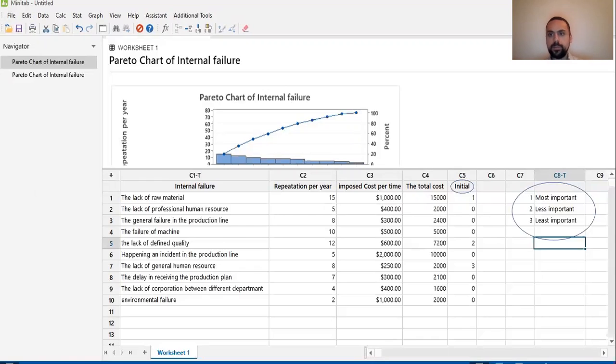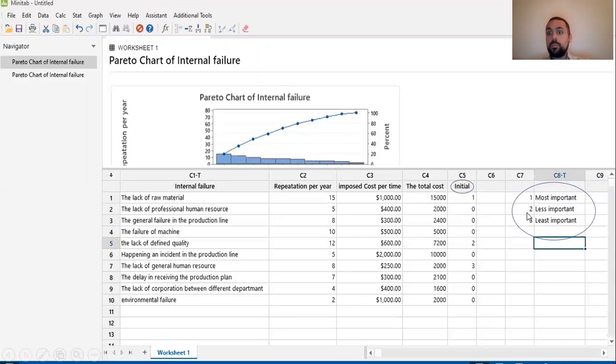For instance, I assign number 1 to the most important one according to the total cost. Because 15,000 is the highest cost for me, it's realized as the most important one. So I assign initial number 1 to 15,000.